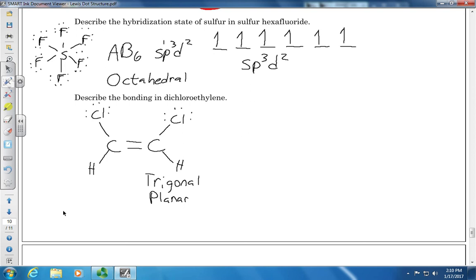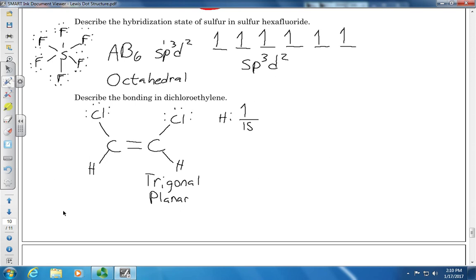And we can look at the hybridization of any given species in this molecule. Now, for hydrogen, that's really simple. Hydrogen doesn't really hybridize. It's got that 1s, and it's going up. That's it. That's hydrogen. Done.